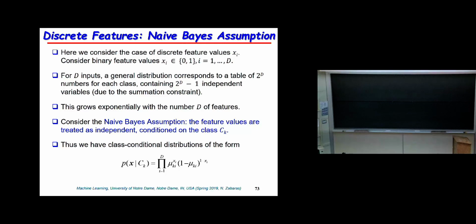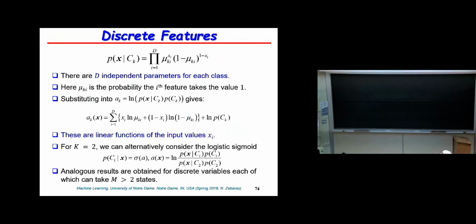Now what we have to do is compute this mu_ki for each class k and for each feature i. And it turns out the problem is not very difficult, because if you go back to our definition of this alpha k, you remember, in this case we assumed that we have many classes just to make it interesting.